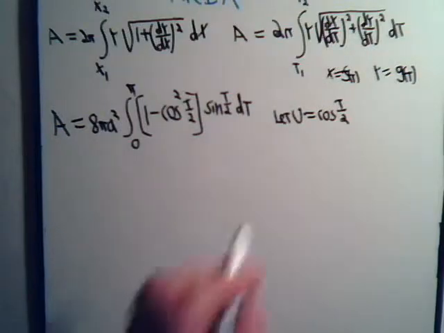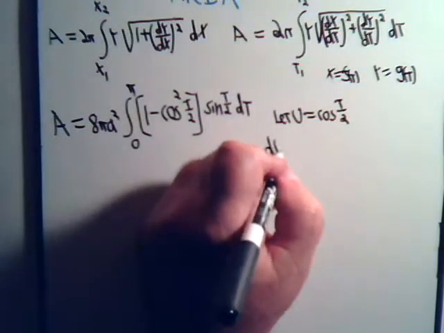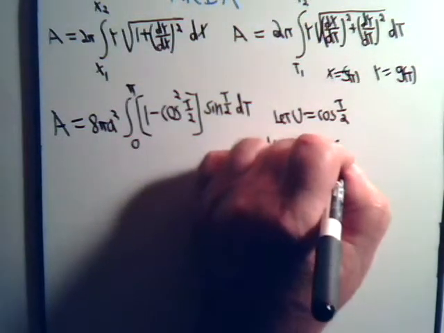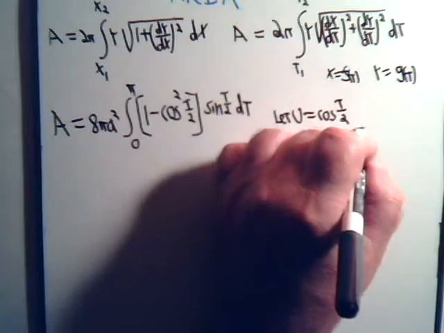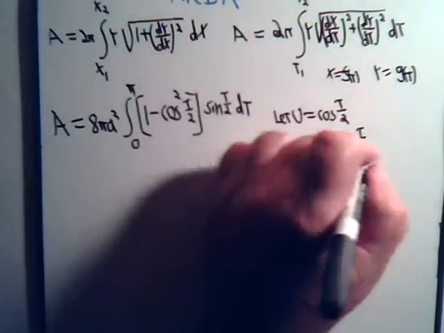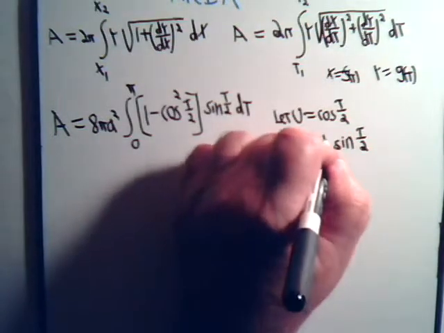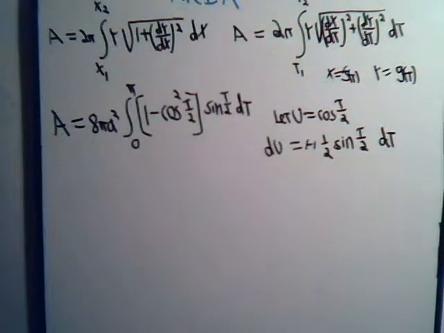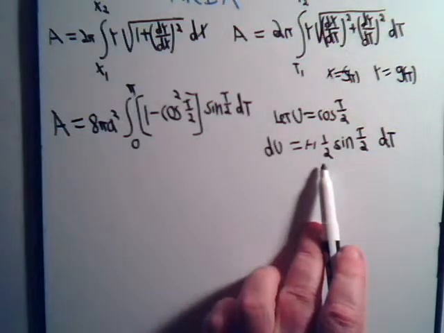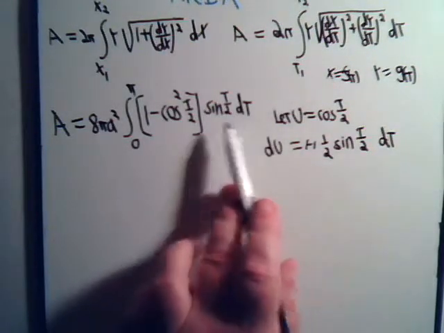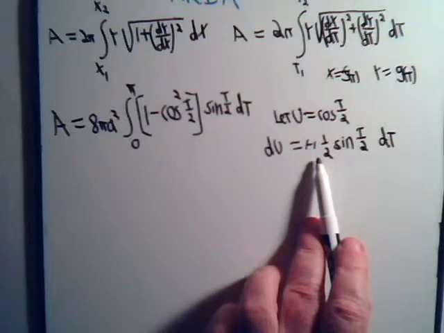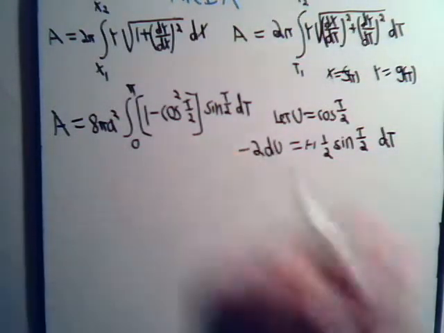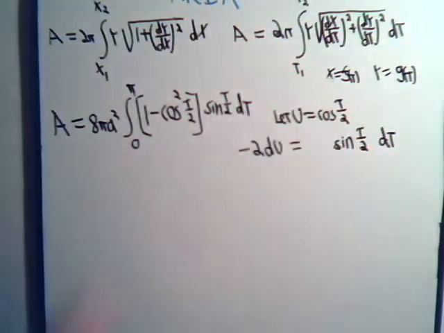Then du will equal, that's minus the sine of t over 2 times 1/2, because it's the derivative of what's inside, dt. But we don't have minus 1/2 the sine of t over 2 dt. We just have this, so multiply both sides of the equation by minus 2. We have minus 2 du will equal this.